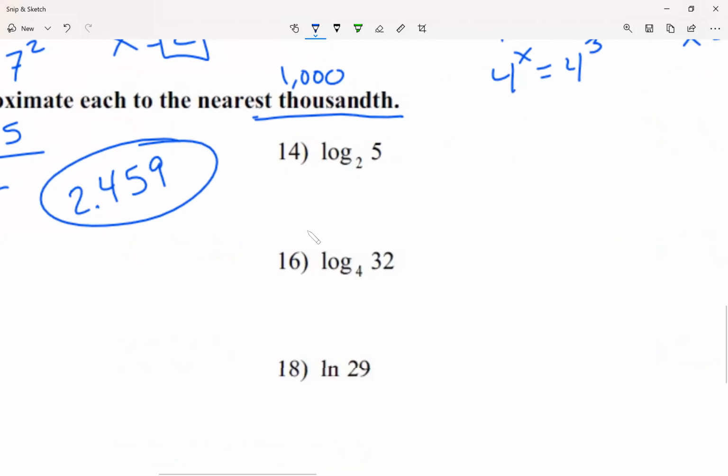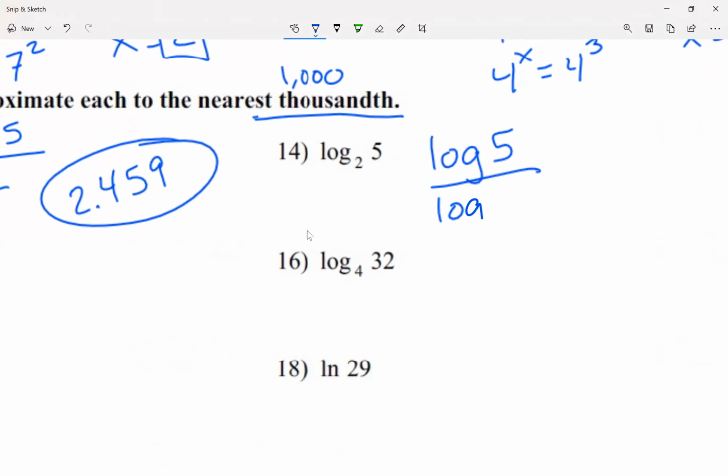Let's take a look at this one. I'm going to type in log of 5 divided by log of 2. In reality, what I'm asking here is 2 to the x is equal to 5. What's that x?